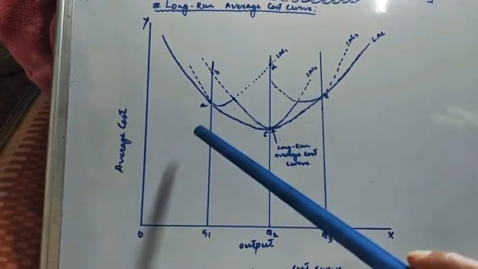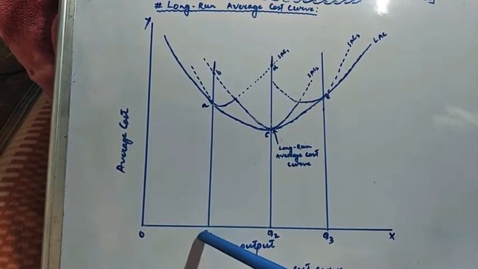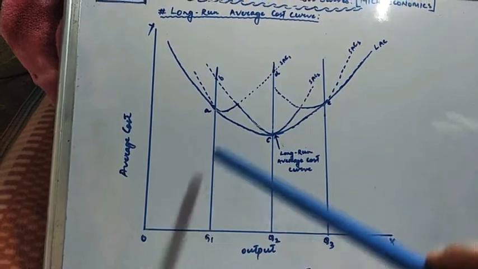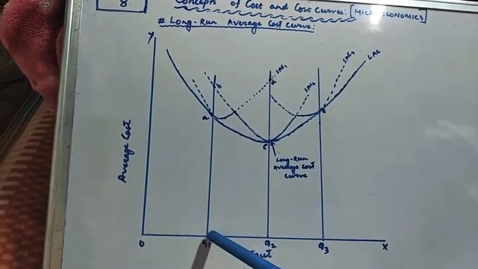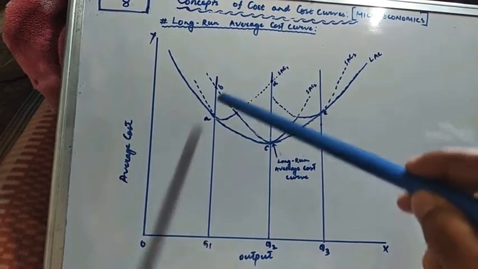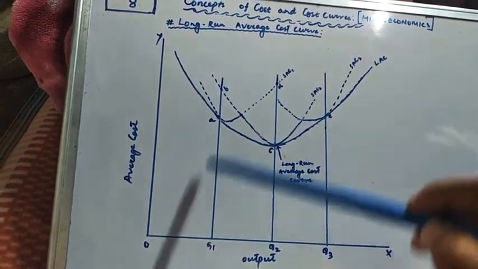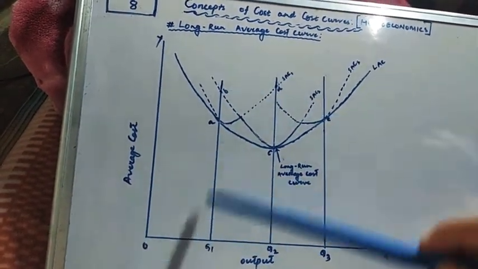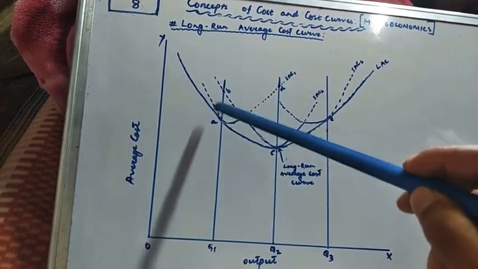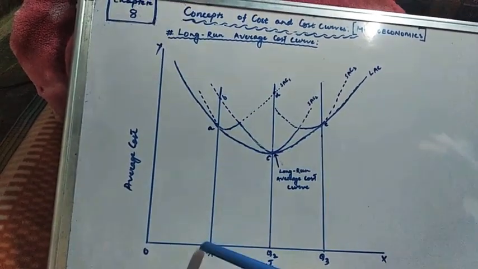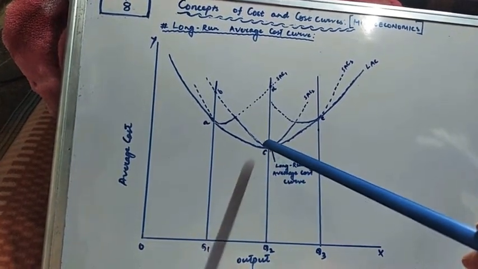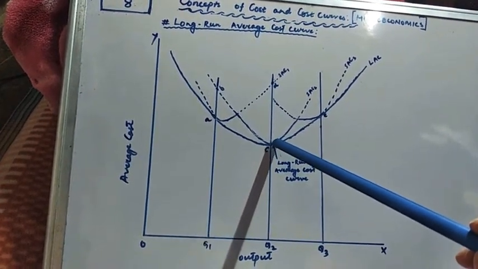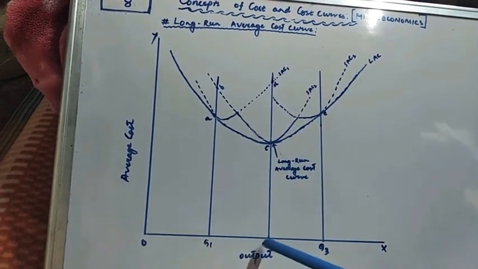And in the previous case, when a firm tries to select a larger plant size for OQ1 level of output, its average cost is Q1B. So Q1B is again greater than Q1A. That is why it will choose point A for OQ1 level of output, and point C for the level of output equal to OQ2.